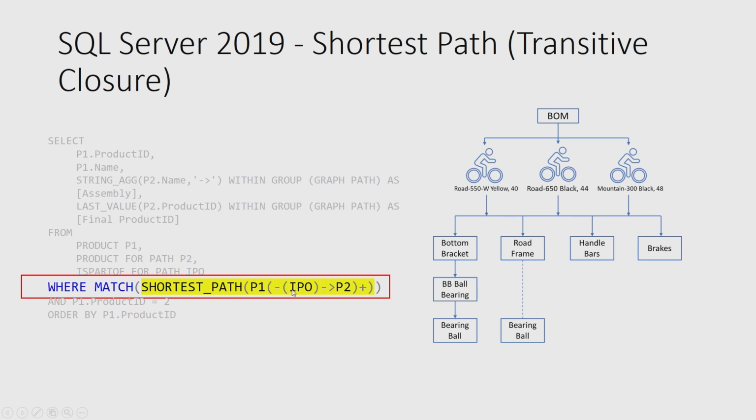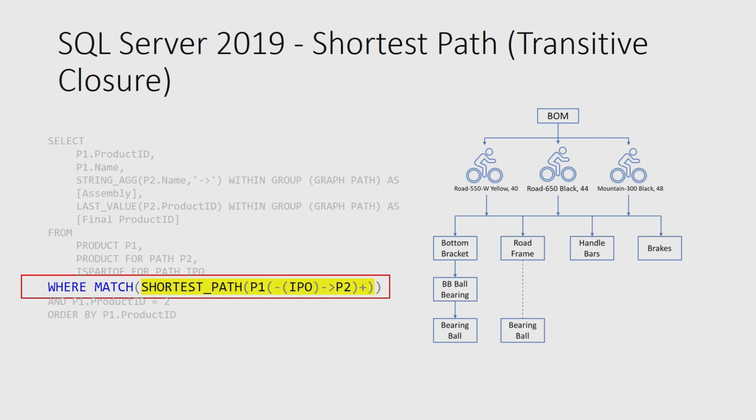And this pattern, which is inside shortest path, where you defined plus outside it, just tells the engine that this is a pattern that will be repeated. It's a recursive pattern. So we'll keep traversing this set of node and edges until we find the desired node. That means that no matter how deep the graph really is, we'll just keep searching till we find that bearing ball, wherever it is.